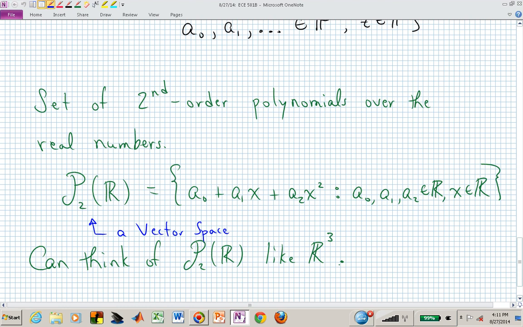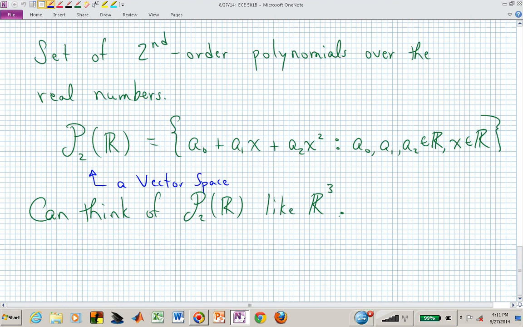Now you could also think of that vector space, script P sub 2 of R, like R3. Meaning if I now have a polynomial as a function of x, p of x is a sub 0 plus a1 x plus a sub 2 x squared.